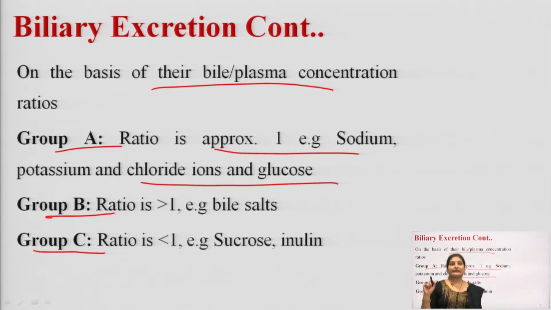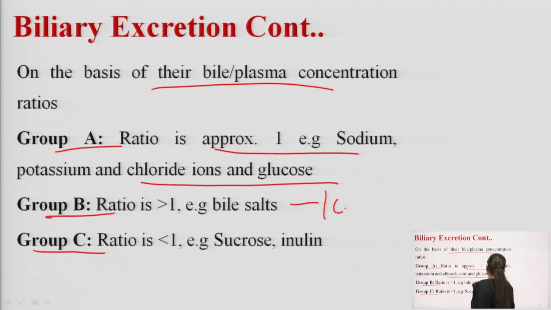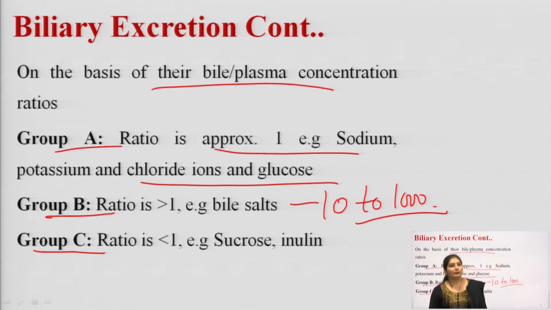The next category is group B. In group B, the ratio of bile to plasma concentration is more than 1, and this ratio can vary from 10 to 1000. For example, bile salts, bilirubin, glucuronide, creatinine and conjugates.